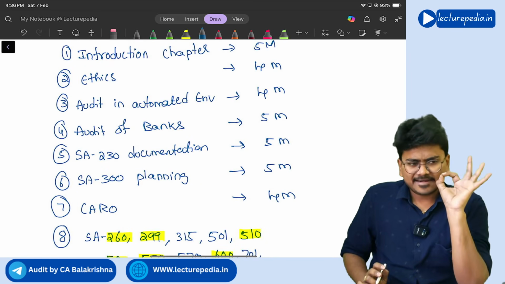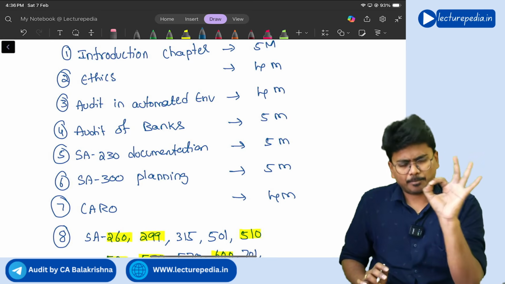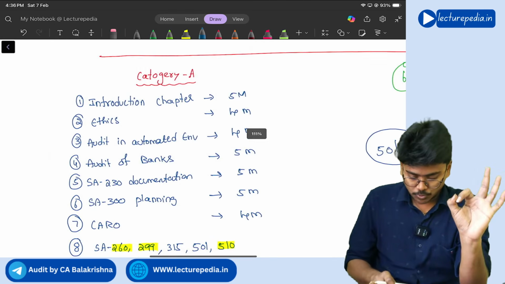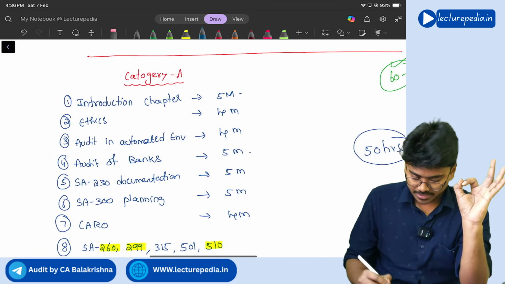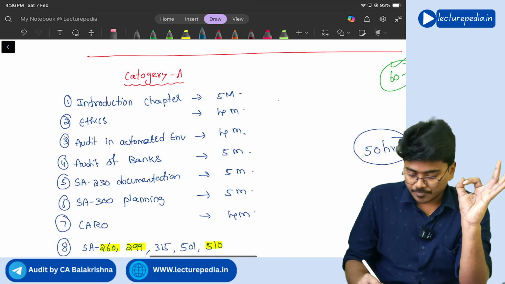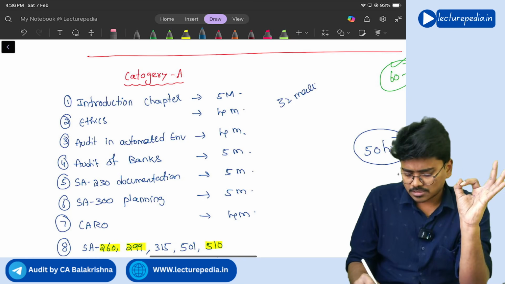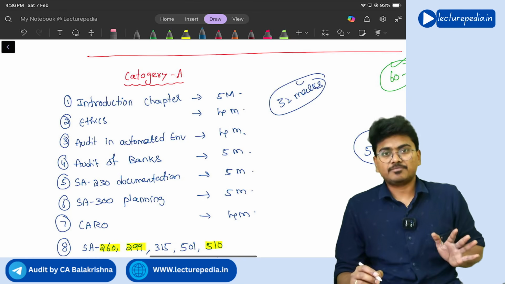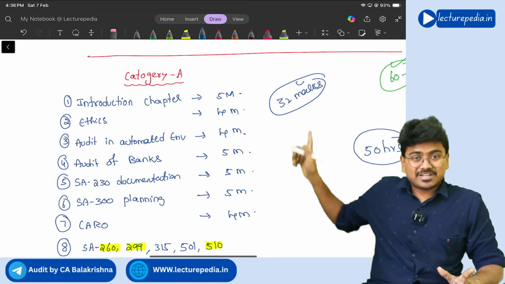If you read these 7 chapters perfectly, for sure you will get 5 plus 5, 10, 15, 20, 28, 32. 32 marks for sure you will get if you cover these 7 A category chapters.